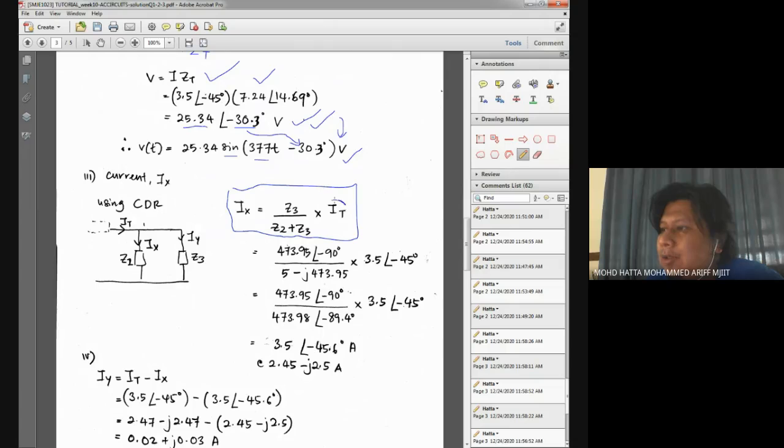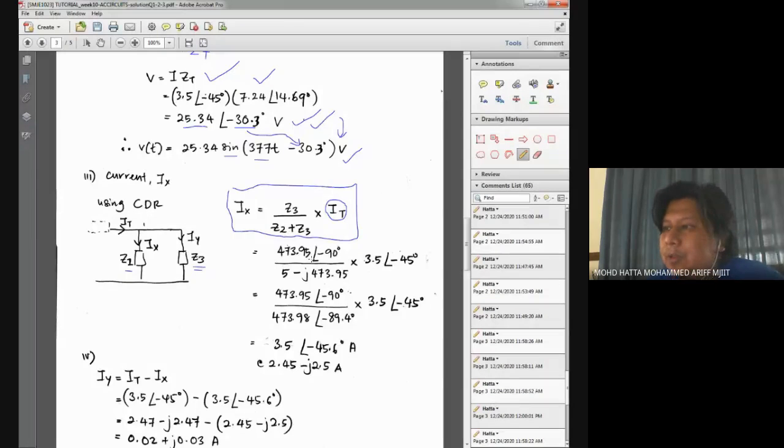So the total current is over here, the current coming before the current division. The equation is written as Z3 divided by the summation of these two impedances, times the current coming through before it is divided into 2.